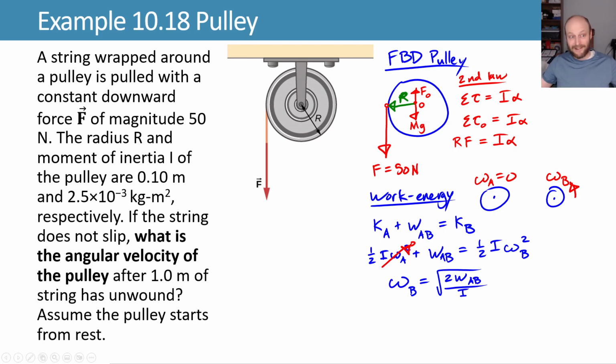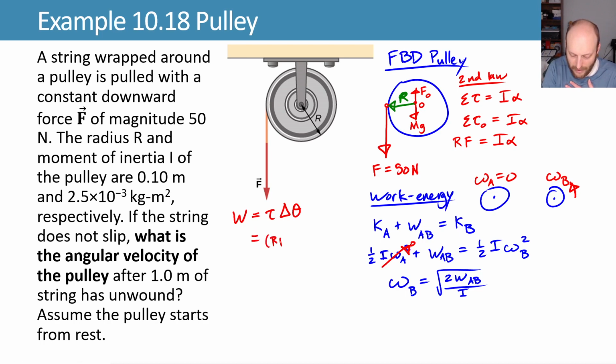That's great if I only had the work. Let's see if we can figure out that work. Let's come over here and try finding this work. We'll say that the work, with a constant force, is going to end up being our torque times delta theta, but we don't know delta theta. What we do know is that torque from the free body diagram is going to be RF.